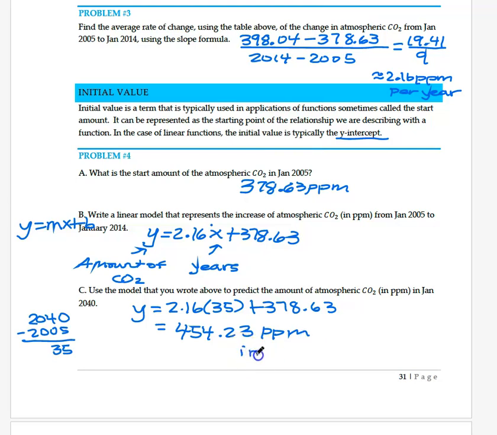And that's going to be in the year 2040. Scientists have said that anything above 400 parts per million is going to cause a lot of problems for us. Climate change we already see happening, but this is going to make it even worse.